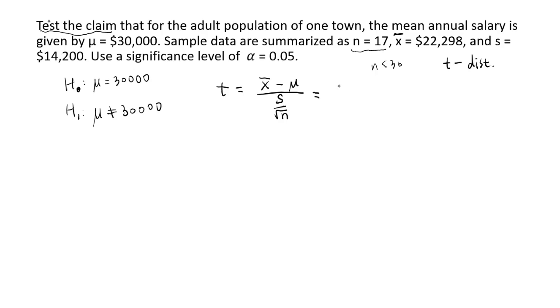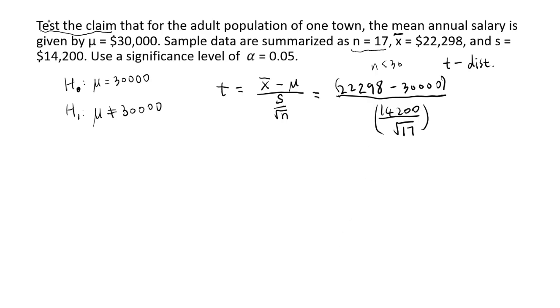Let's find the test statistic. This would be 22298 minus 30,000, divided by 14,200 over square root of 17. When you put this into your calculator, make sure that you have these parentheses, because without them, the order of operations can give you a totally wrong answer.